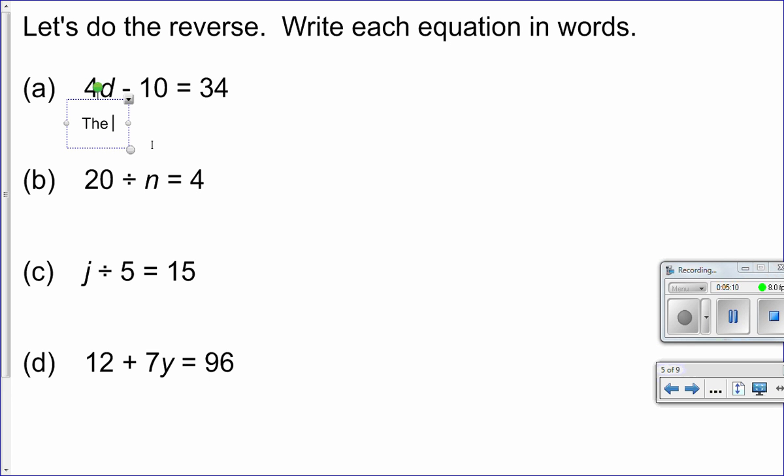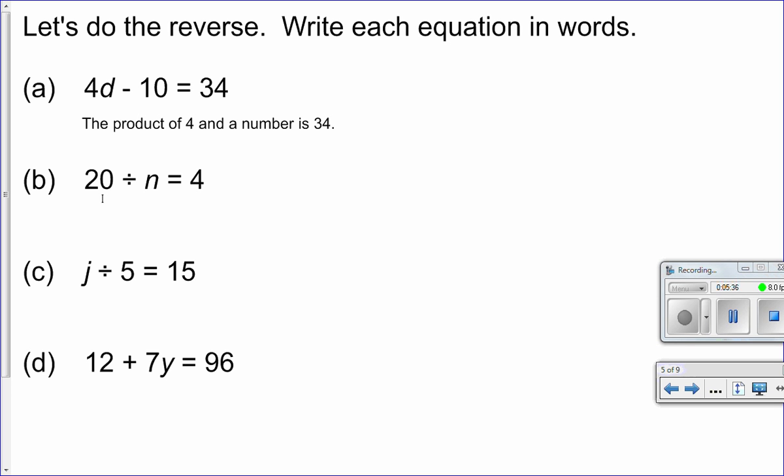I can say the product of 4 and a number is 34. So actually, here's another key word to point out, folks. The equal sign you can replace with the word is.